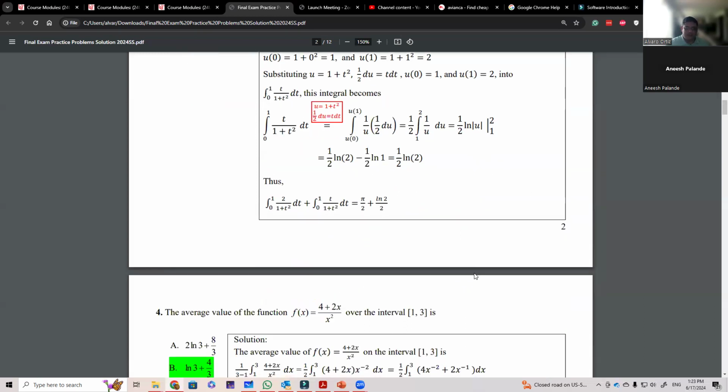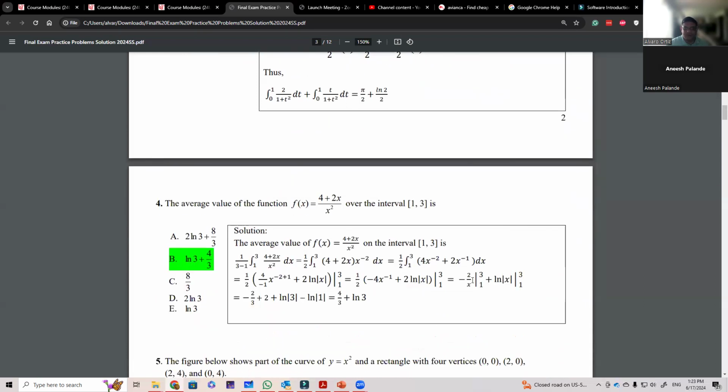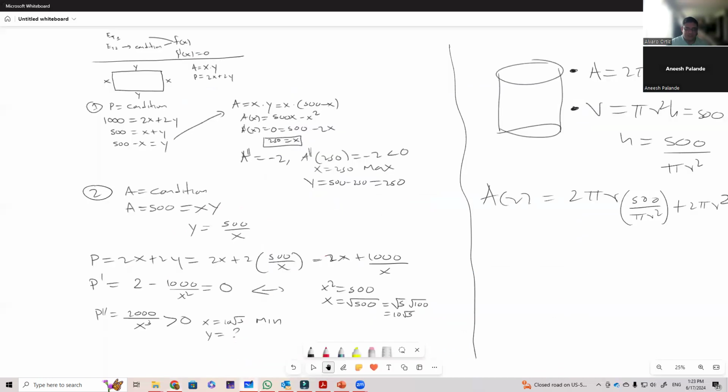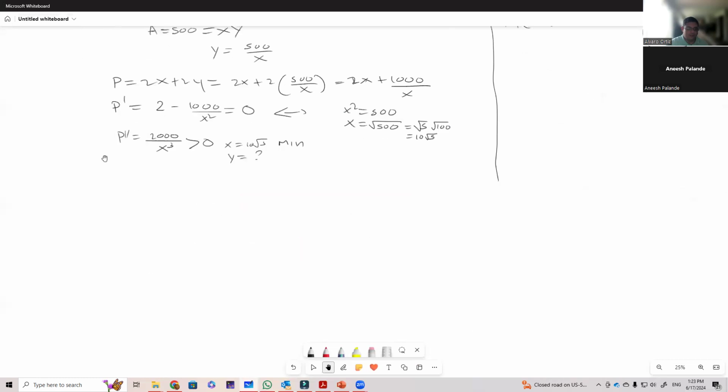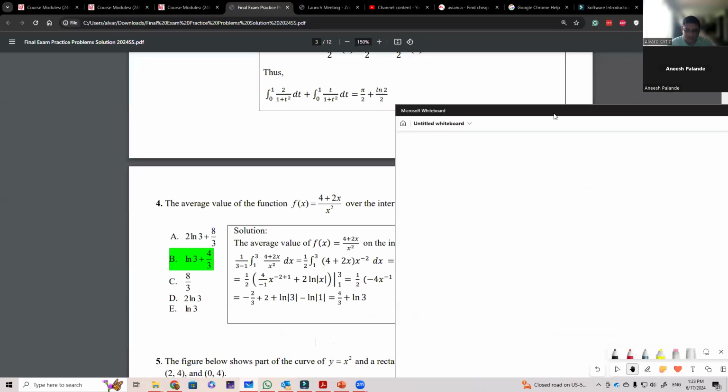Okay, so now one of the formulas that you can check is the average value of a certain function. Let me just write that. The average value of a function is 1 over b minus a of the integral from a to b of f of x dx.